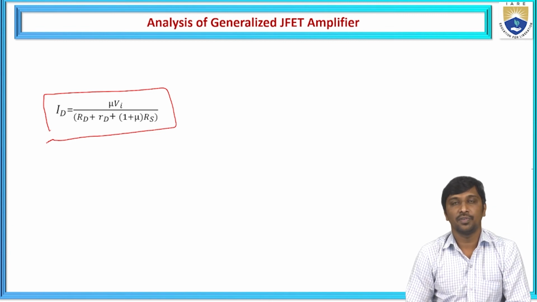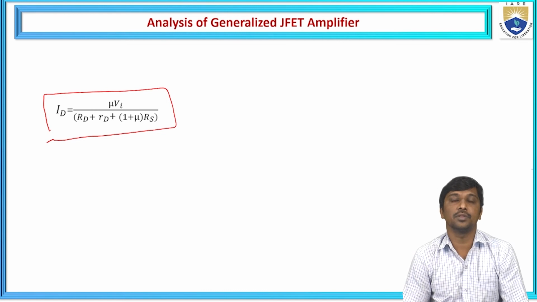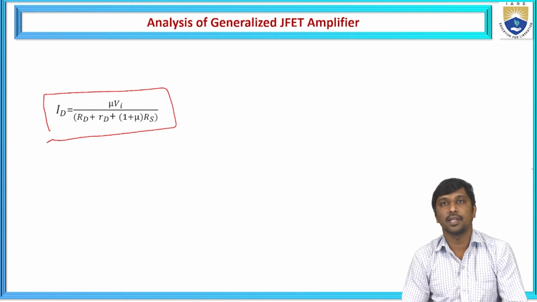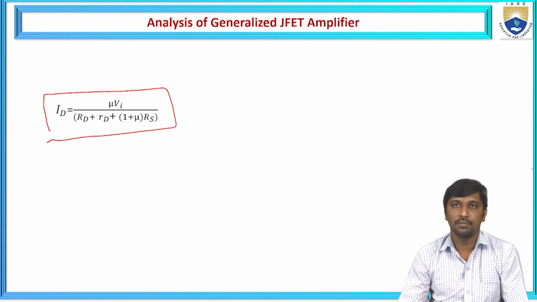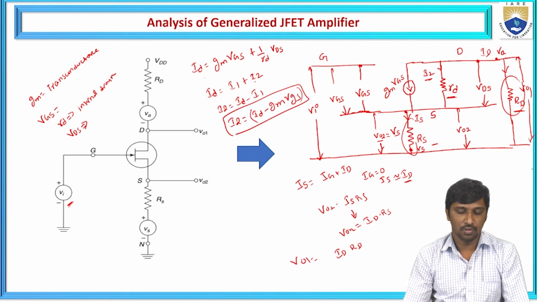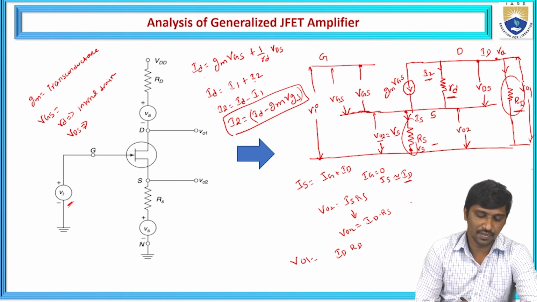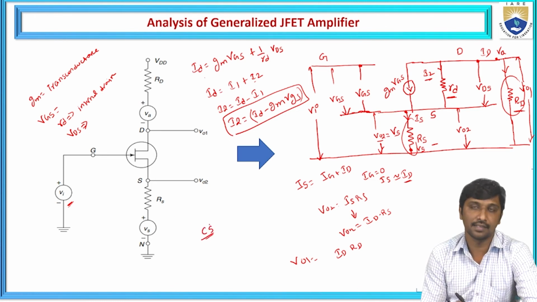Now we need to find out how it is satisfied for either a common source or a common drain amplifier. If you want to observe the common source amplifier, we observe two cases. One is without source resistance, meaning Rs is equal to 0.